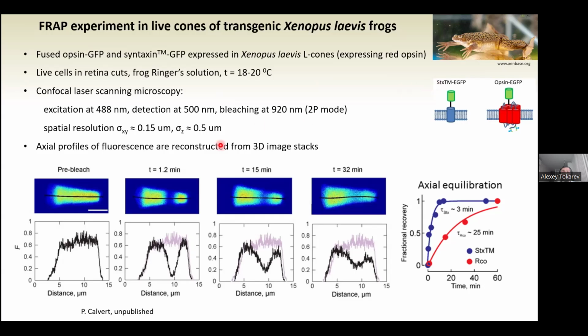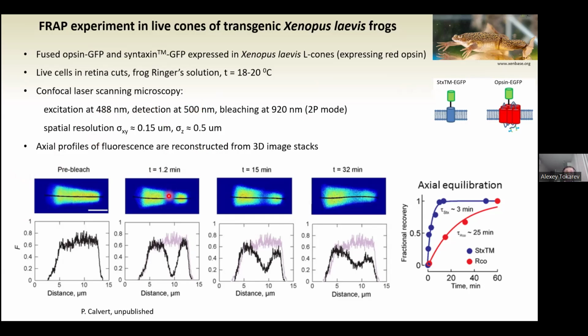the experiment consists of the following. So here we see the outer segment of a cone, and another part of the cell is somewhere to the left. And before the experiment, we see the fluorescent signal. So we excite at one wavelength and detect another wavelength.